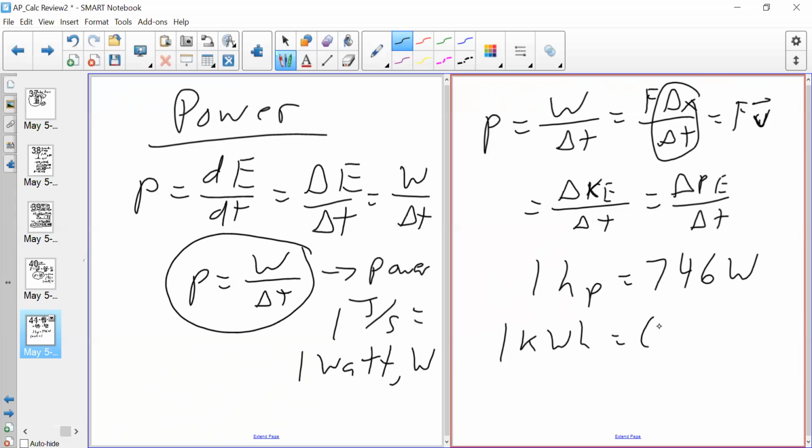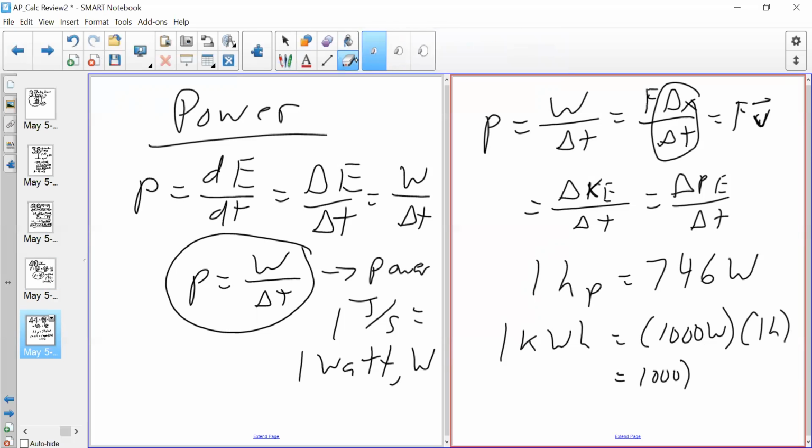So basically 1,000 watts in 1 hour gives me a kilowatt hour. And then we can go even further with this. Joules per second.